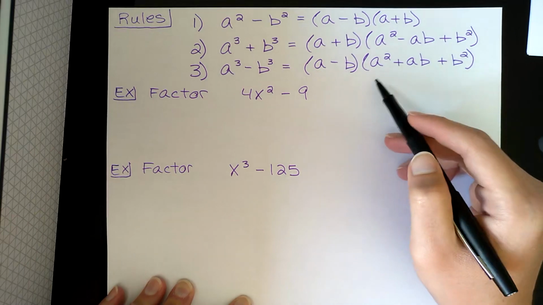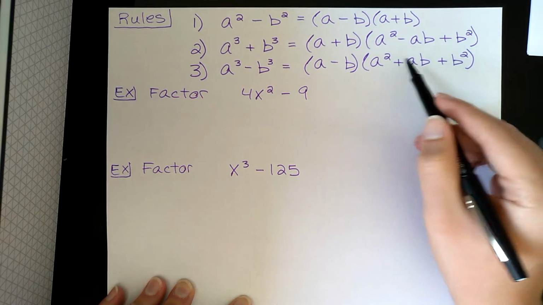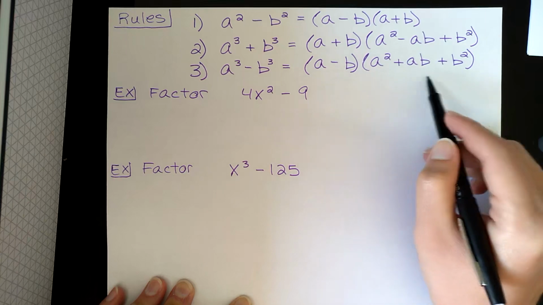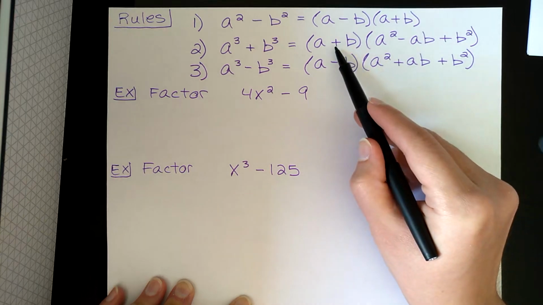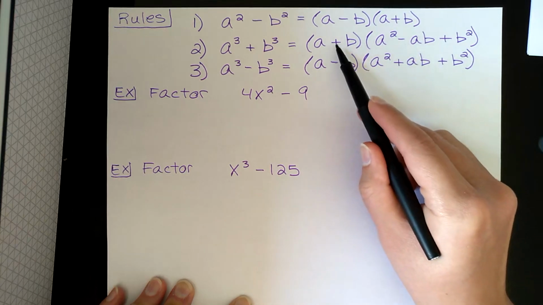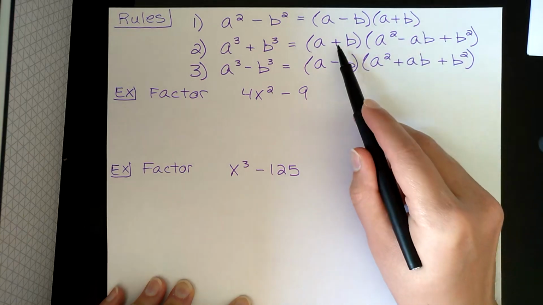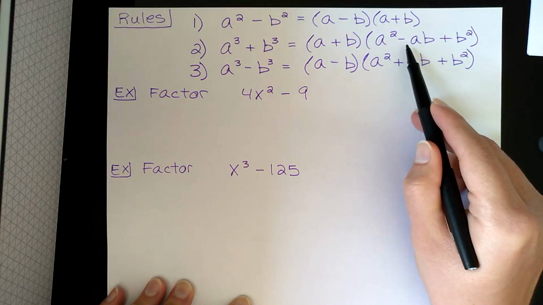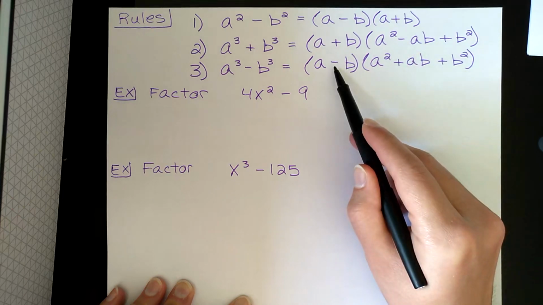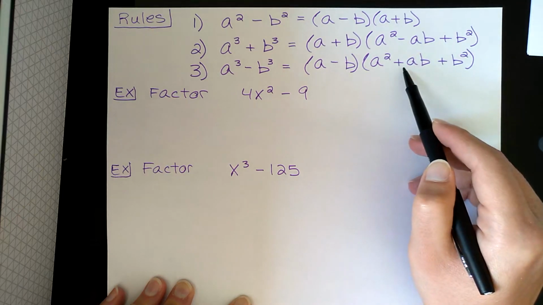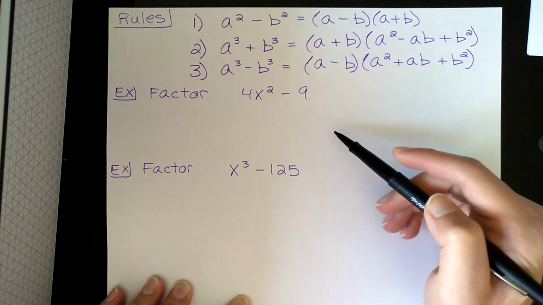The nice thing about these formulas is they are essentially the exact same thing, except you just swap the signs of the first sign and the middle sign. Notice this is positive, this is negative. In the second formula, this is negative, this is positive. Everything else is the same.